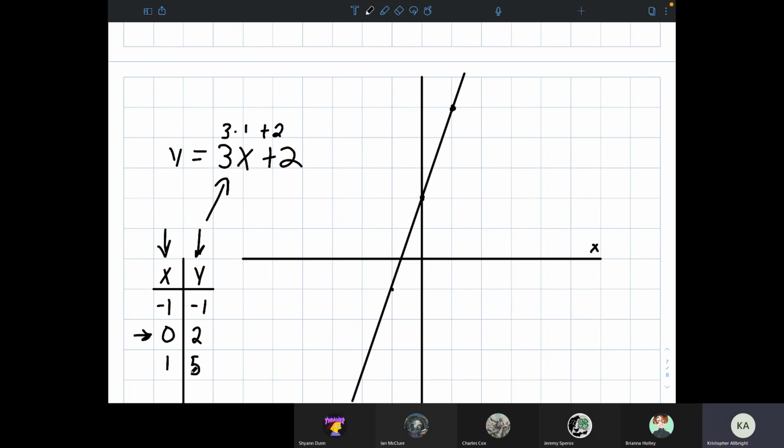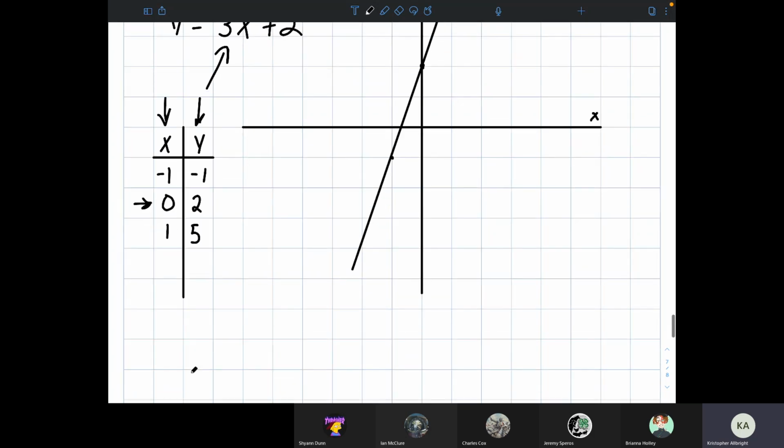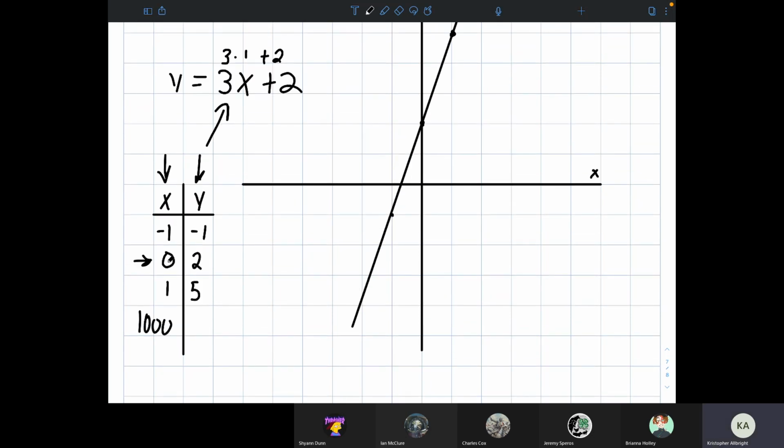So we found several different points on this graph, and it doesn't matter what we plug in, we're going to find a point. So if we plug in 1,000, then we do 3 times 1,000 plus 2, which is 3,000 plus 2, so 3,002.